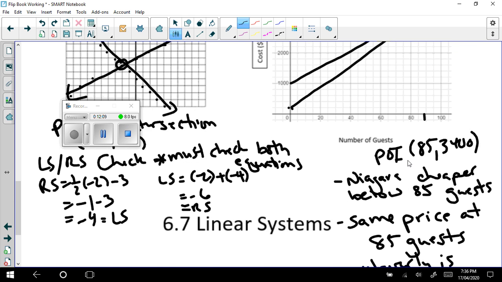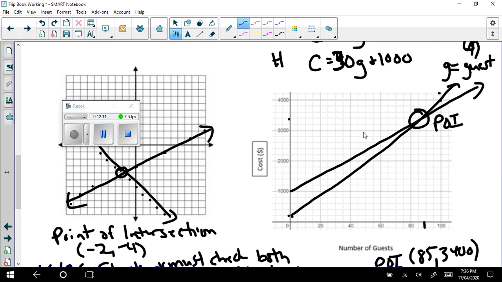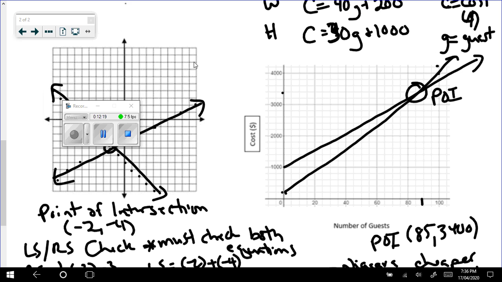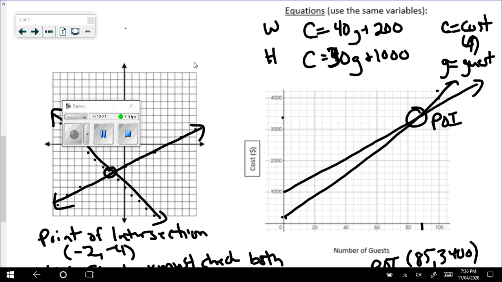The reason that we bring this up is that if I were to say which one is cheaper, you couldn't give me one answer. You couldn't say that Niagara is cheaper all the way through because it's not. Niagara is only cheaper providing you have less than 85 guests or providing you're less than $3,400.